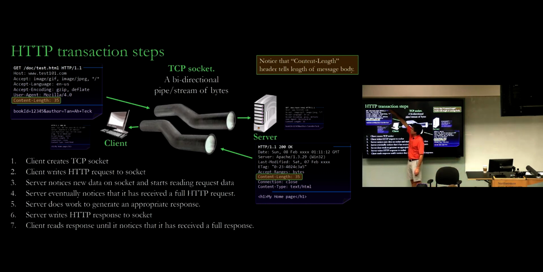Your software can read, and when it finds a blank line, it knows that the header is finished. If it had previously seen a content length, then it knows that there are this number of bytes additionally that it has to read. Until it reads that number of bytes, it knows that there's still more data coming in, so it shouldn't start generating a response. And that applies on both sides.